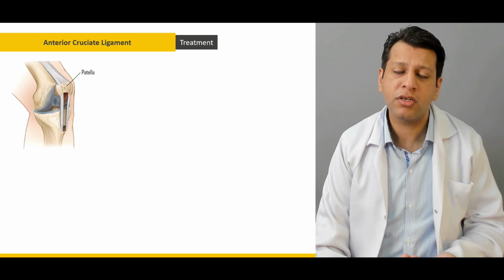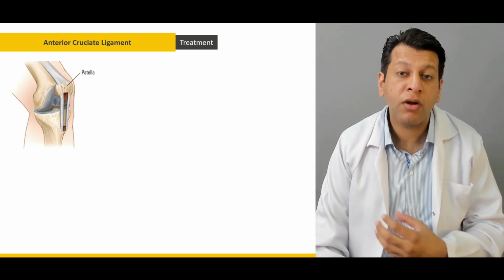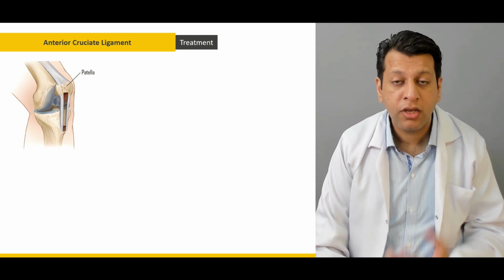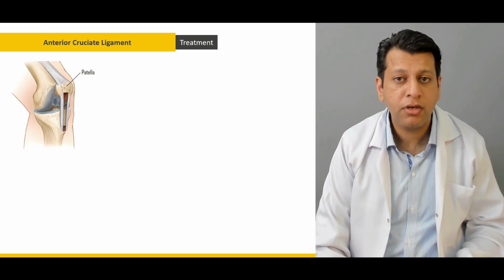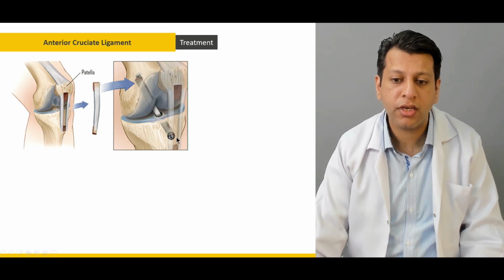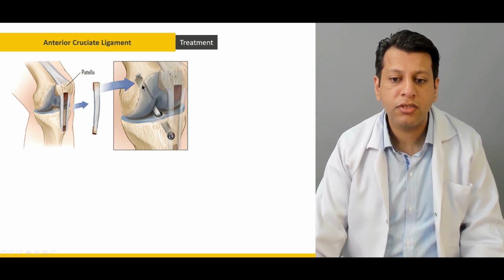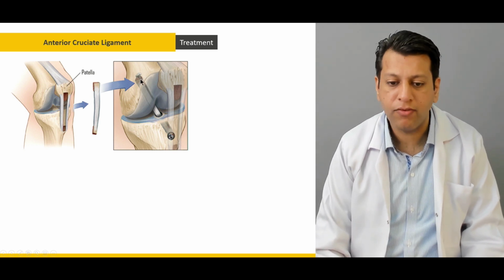There may be some decrease in strength of the quadriceps as well. So a few people like to harvest the hamstring graft, and the other option is to do a reconstruction with the quadrupled hamstring graft. As I've just told you, this is how it is taken, and it's attached with suture anchoring done at the tibia as well as at the femoral level.